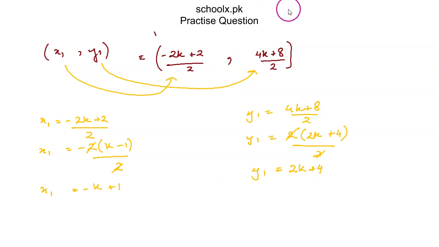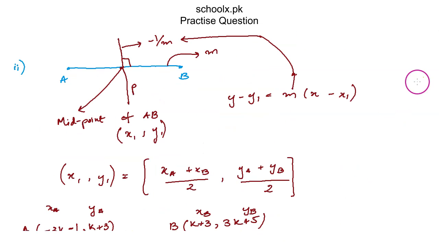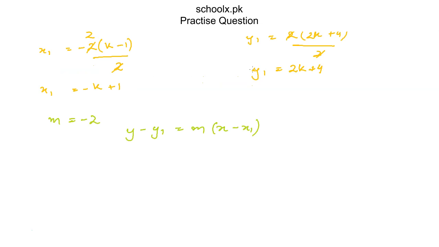The equation of the line is y minus y1 equals m times (x minus x1), so just plug in the values. We know that the gradient of the perpendicular bisector is -2. So y minus y1 equals m times (x minus x1), with y1 as 2k + 4, m as -2, and x1 as -(k - 1).